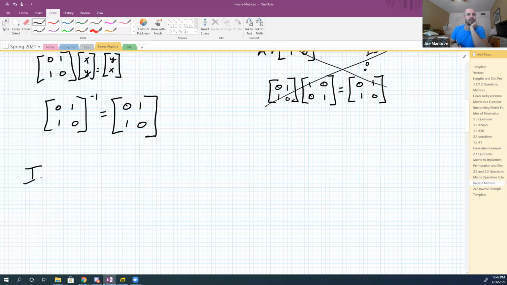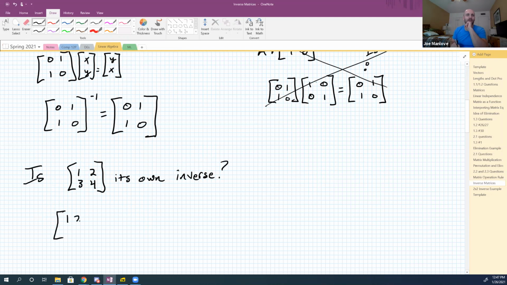So, is the matrix 1, 2, 3, 4 its own inverse? How do I check? I need to take the matrix 1, 2, 3, 4 and multiply it by itself, right?